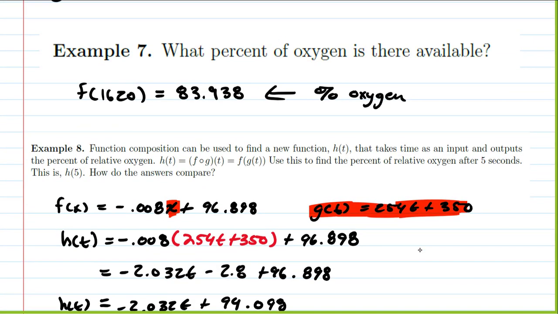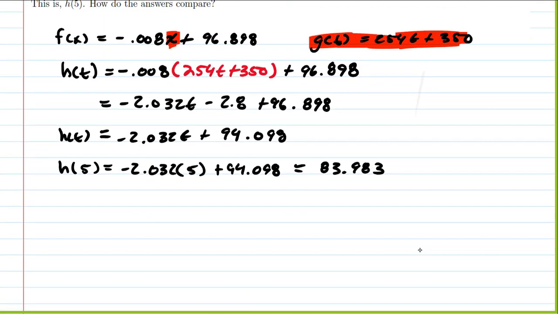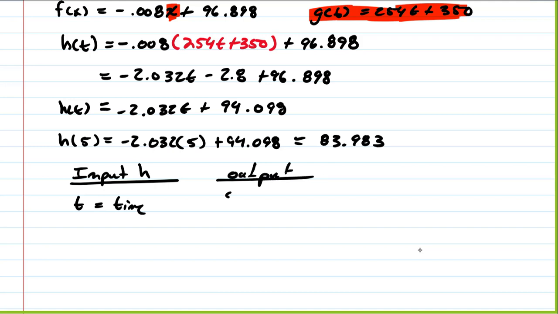And we'll notice that we get the same value we got when we did the two computations separately. So once again, it gives us the percent oxygen. But our new function h, what is our input into the function h? Well, our input variable is t, which is time, and our output of h is then going to be, as we just got, the percent oxygen.